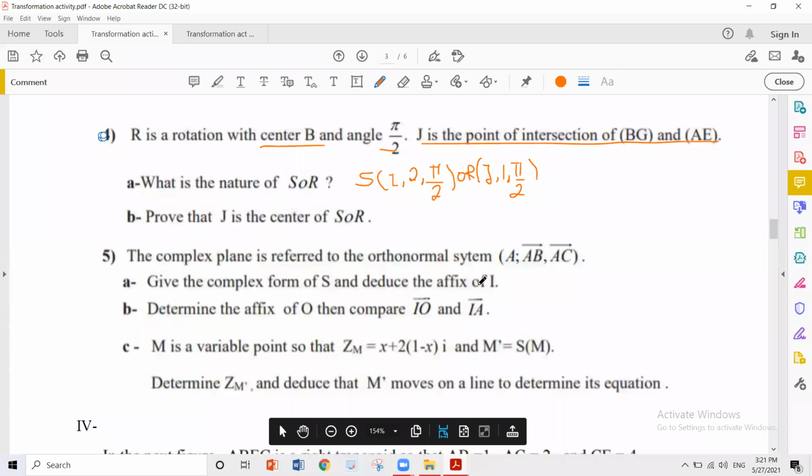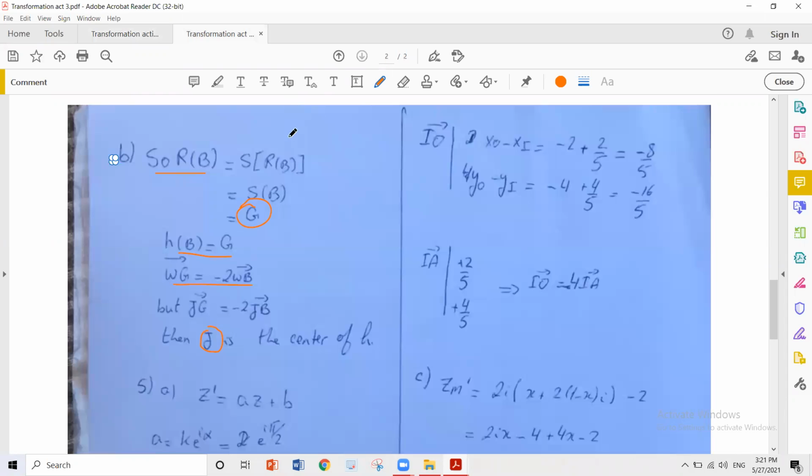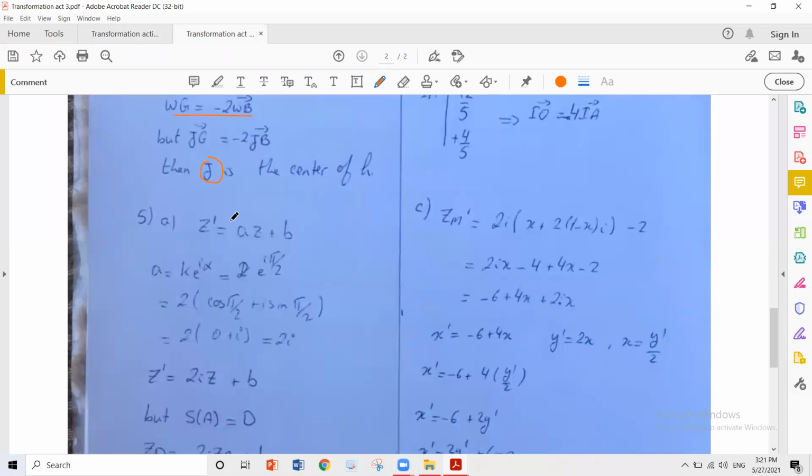Give the complex form of S and deduce the affix of I. How to find the complex form of S? Z prime equals az plus b. a equals k e^(i alpha), which is 2e^(i pi over 2).